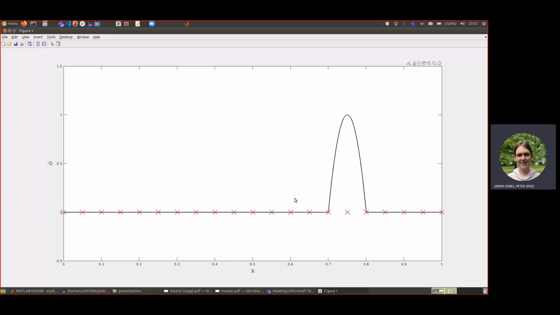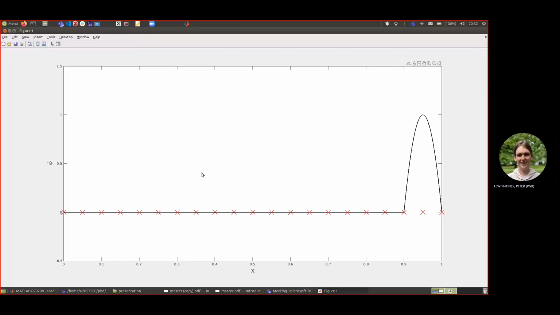Sometimes it's the basis function for a node that's on the boundary of two elements, like this last one. When it's a boundary of two elements, it will pick up the polynomial from the two elements that neighbor that node. And so it's 1 at the top and then back down to 0 either side.